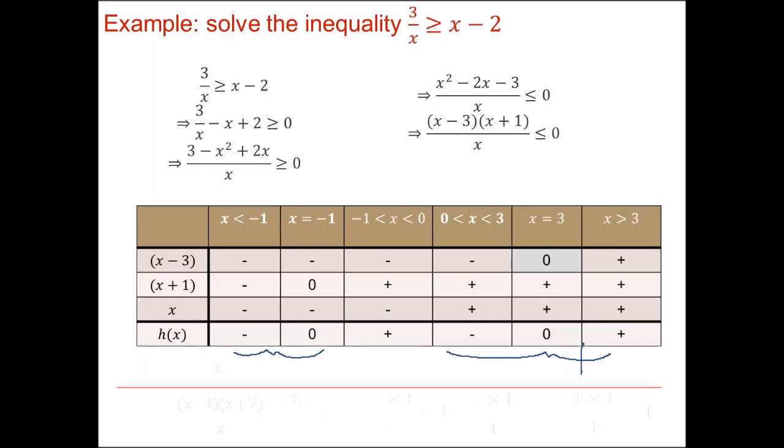But notice it's equal to 3 but not equal to 0, because 0 is at an asymptote. So there's our solution: x is less than or equal to -1, or 0 is less than x is less than or equal to 3.